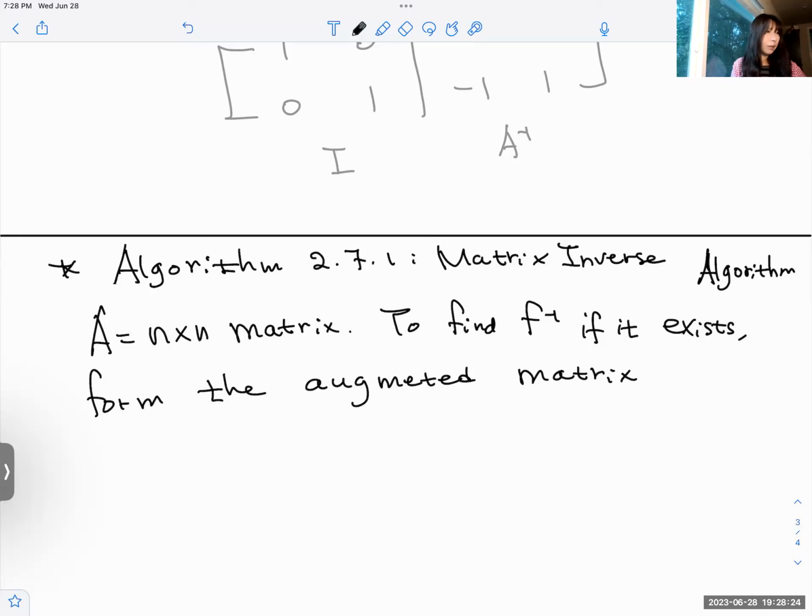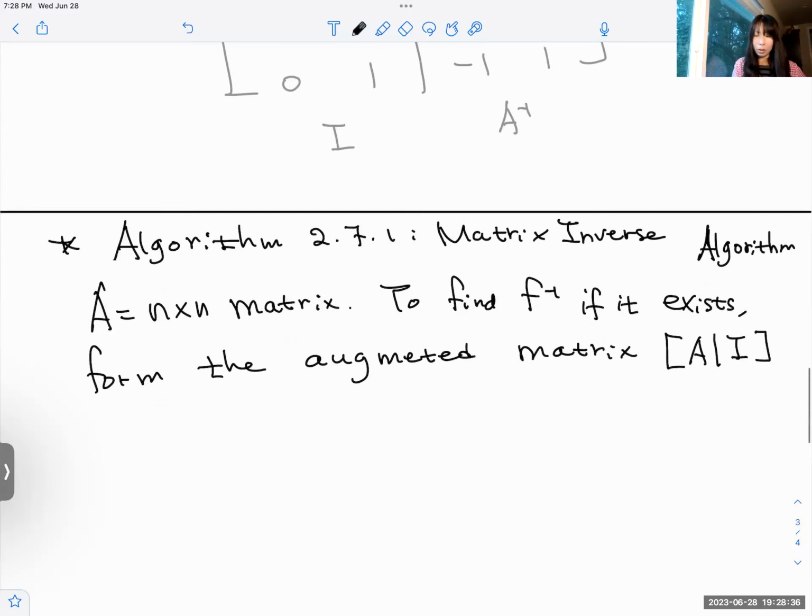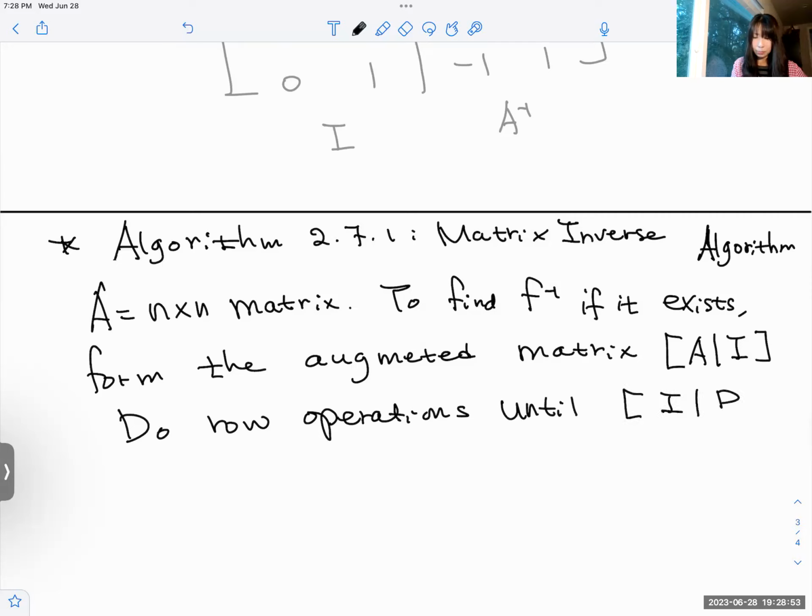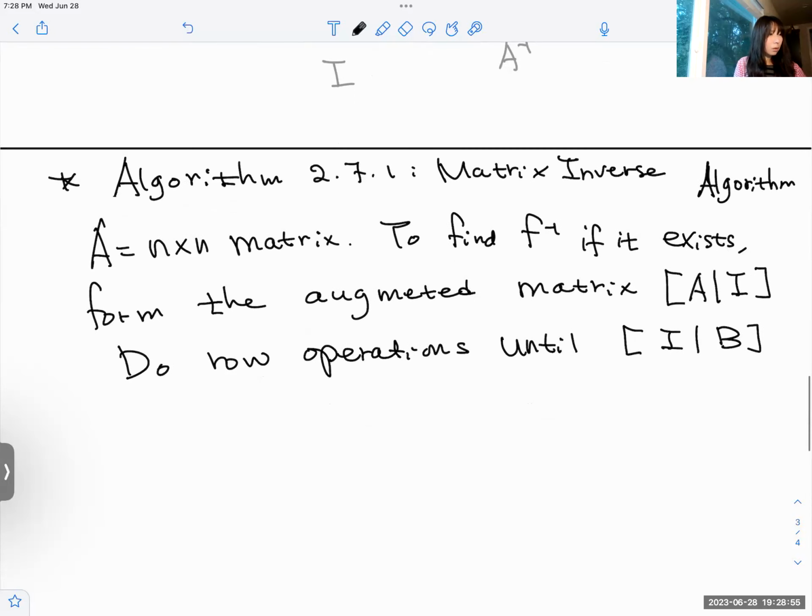So we have [A | I], and we're going to make [I | B] by row operations until [I | B]. So B is the inverse of A and A is invertible, right?